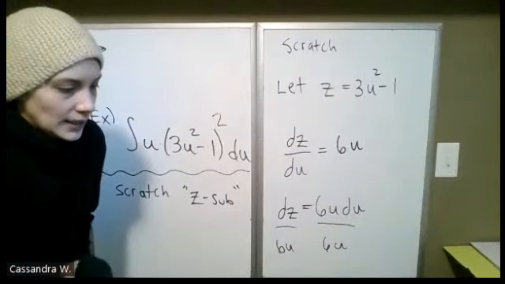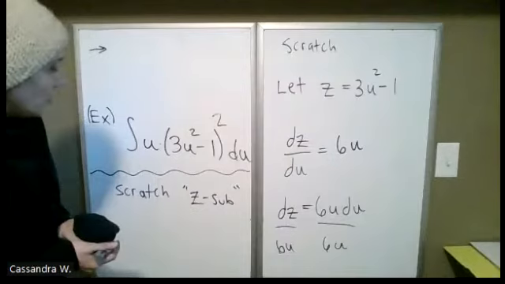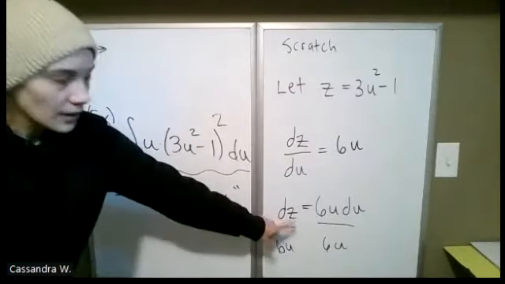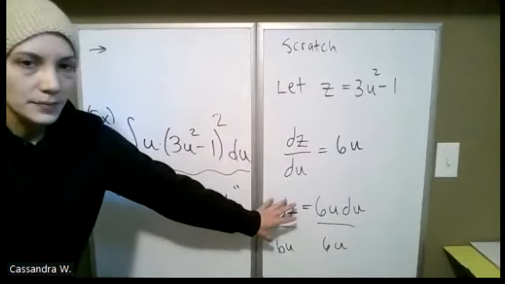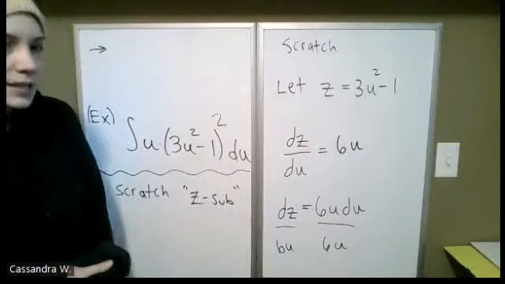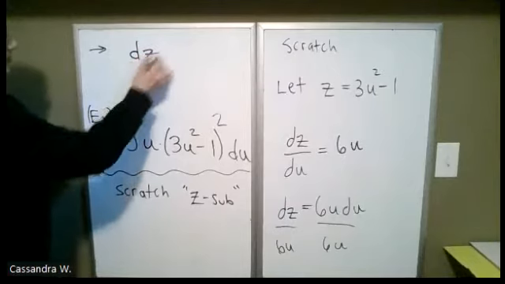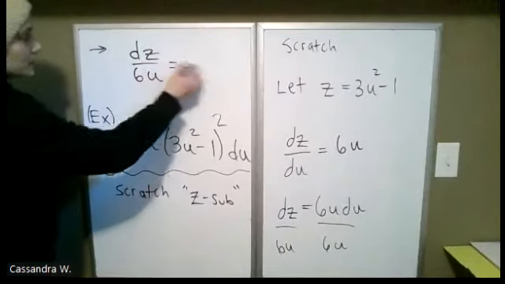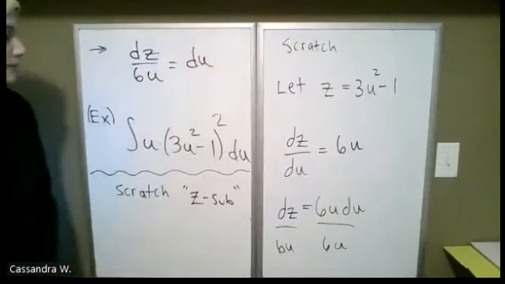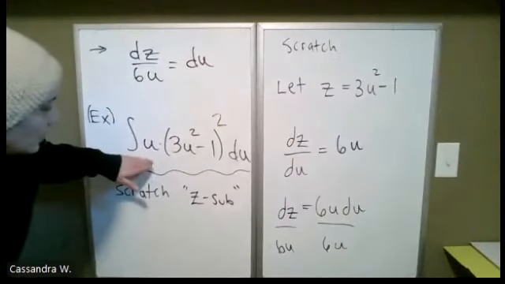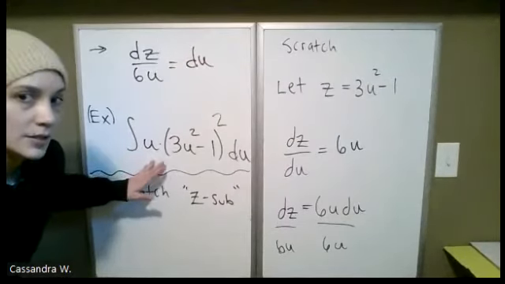Okay, let's keep going with isolating this du and having it equal to dz over 6u. Then we can take this problem and make it much easier to work with.